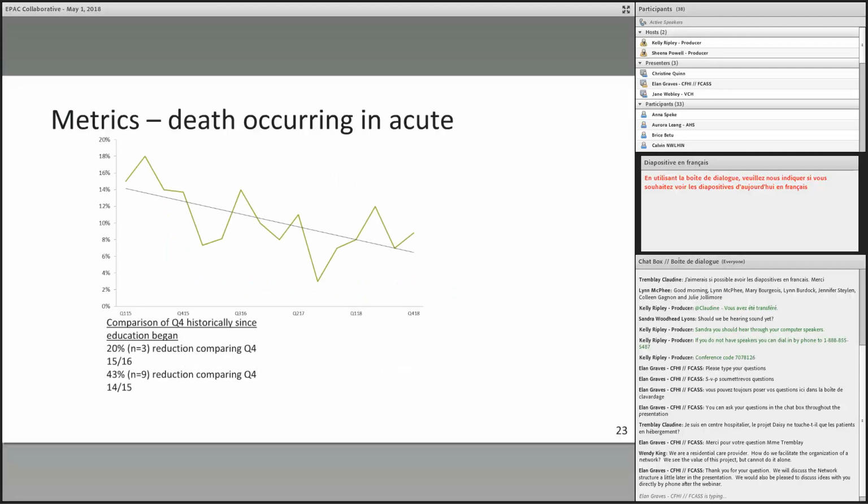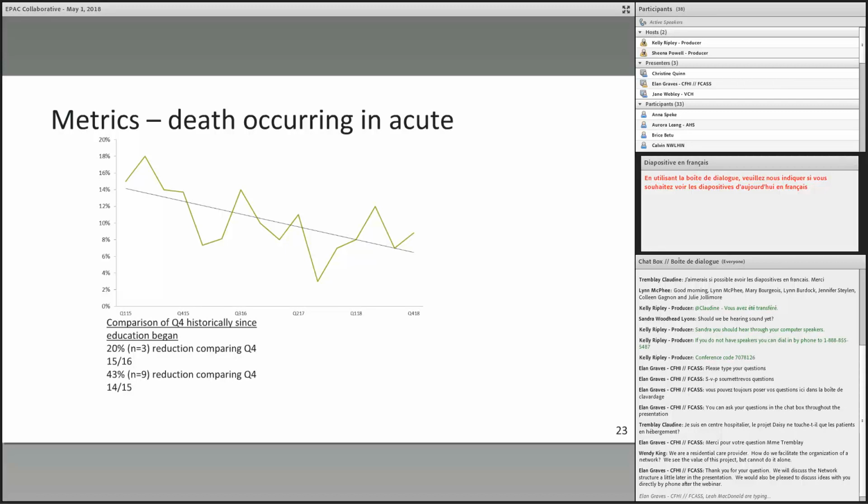So overall, comparing Q4 historically since the education began, you can see quite a significant drop in the number of residents now dying in acute.